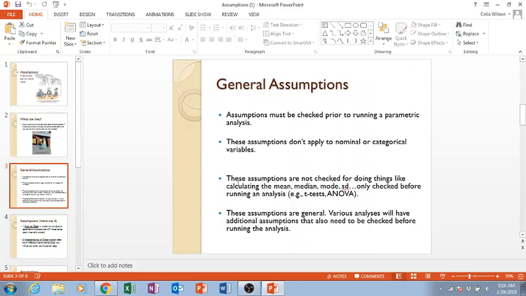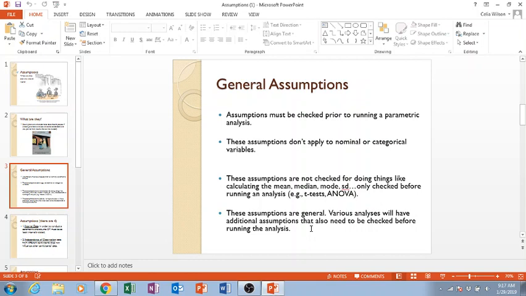All right. These are not checked for doing simple things like calculating the mean, the median, the mode, standard deviation, and so on. They're only checked before running an analysis like an ANOVA or a t-test or the other ones we'll talk about this semester. The 4 assumptions we're going to go through here are very general.